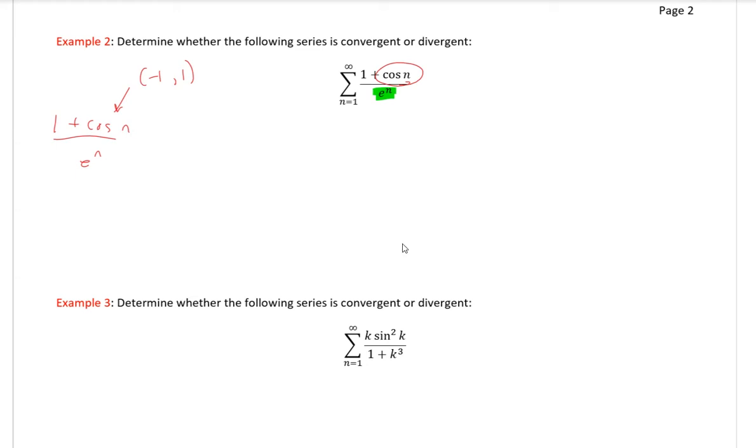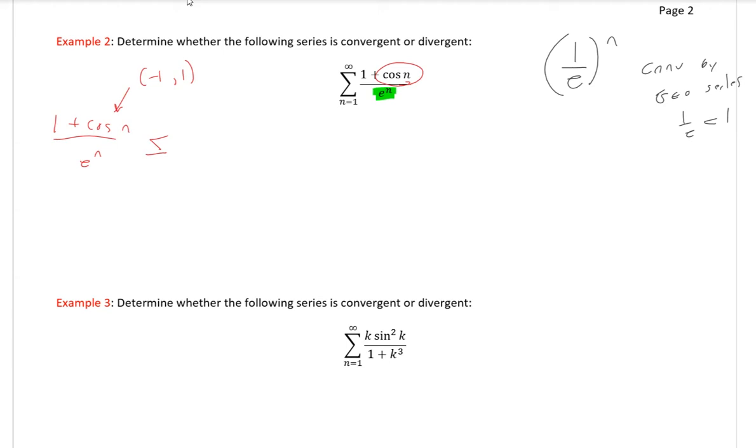So I probably want to compare this to 1 over e to the n power, which is convergent by the geometric series, because 1 over e is less than 1. So that gives me a hint of how I want to address this. Likewise, because I want to show that it's convergent, that means I want to show that this is less than something, or less than or equal to.